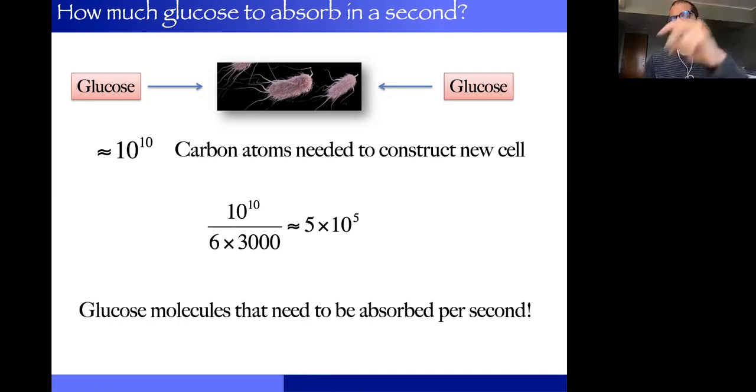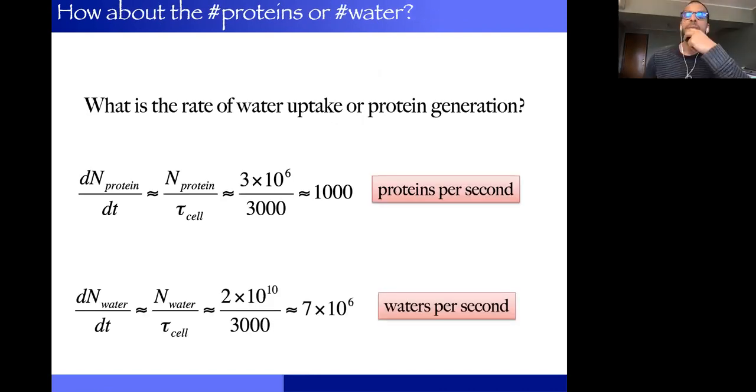So that's number one. Number two, when I generate a new cell, I need to produce 10 to the 6 proteins, and I need to suck up from my water reservoir 10 to the 10 water molecules. So in order to do this, I need to generate 1,000 proteins per second, and I need to absorb 10 to the 6 water molecules per second.